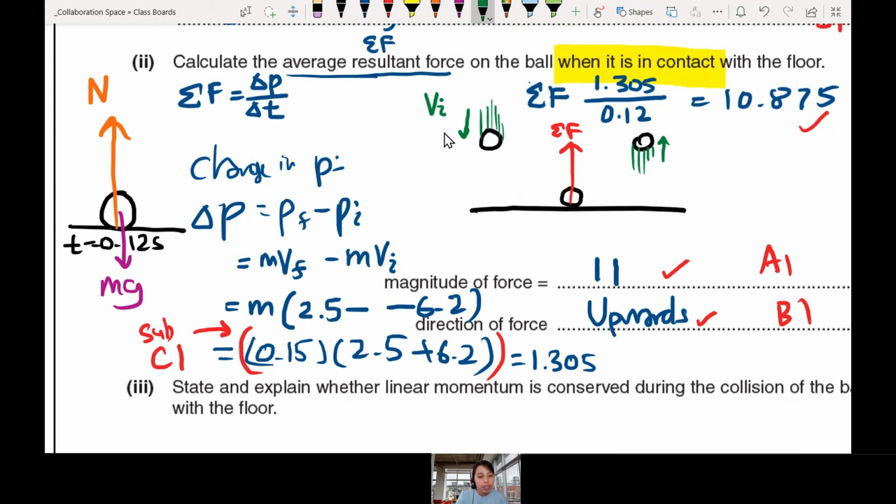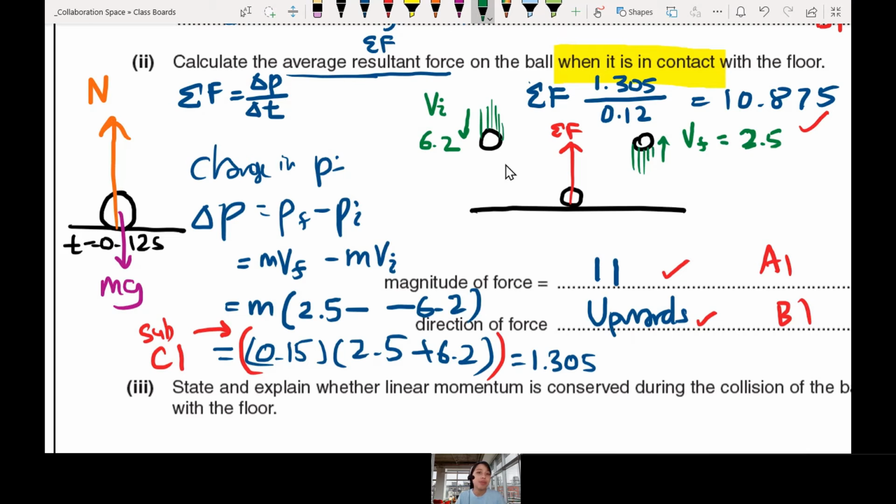Initial is going down at a speed of 6.2 meters per second downwards. Then after it hit the floor already, it's going up. We call this final velocity. And this is 2.5.